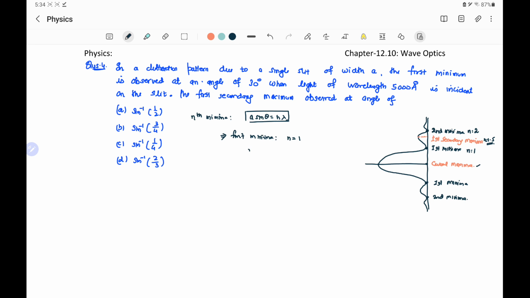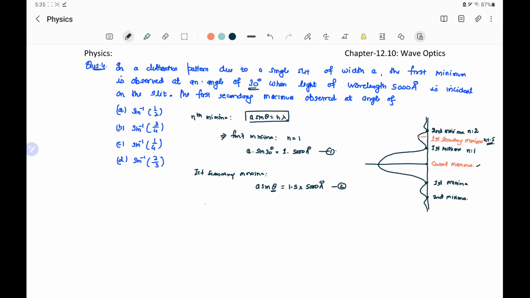So it will be slit width a into sine 30 degree, since the first minima occurs at an angle of 30 degree, equal to 1 into the wavelength, which is 5000 angstrom. This is equation number 1. Now for the first secondary maxima, the condition will be a into sine theta, where we have to find this angle theta, equal to 1.5 for the first secondary maxima into the same wavelength, 5000 angstrom. This is equation number 2.